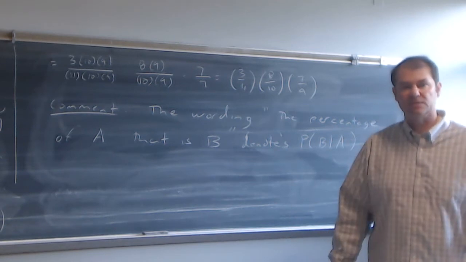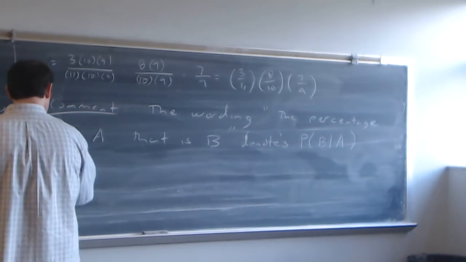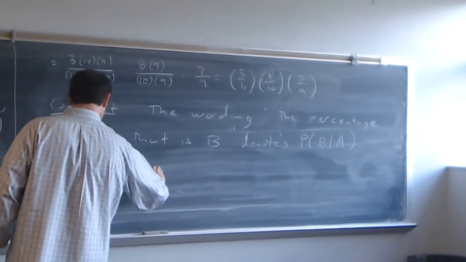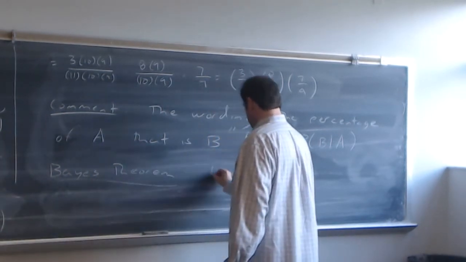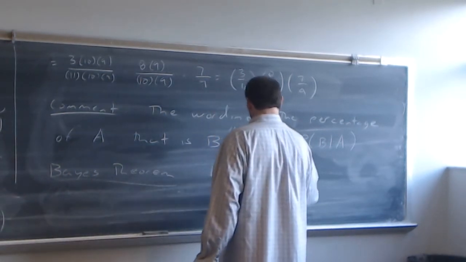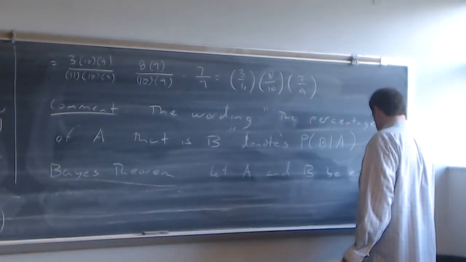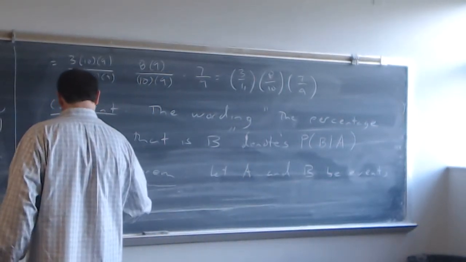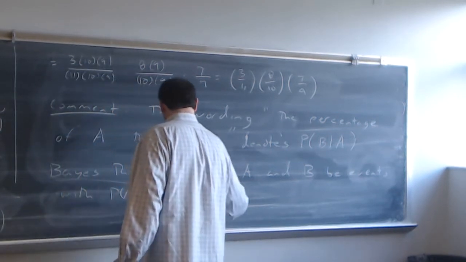But what if you're not in that situation? Well, we have a theorem called Bayes' theorem. So let me write down what Bayes' theorem says. It says let A and B be events with the probability of A being greater than 0 and the probability of B being greater than 0.